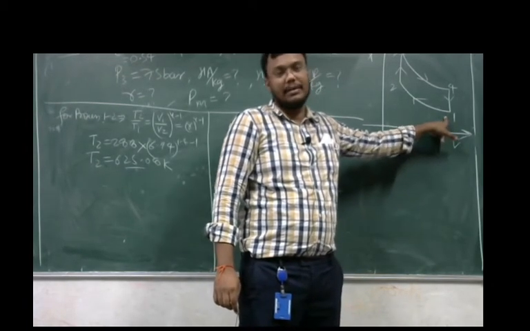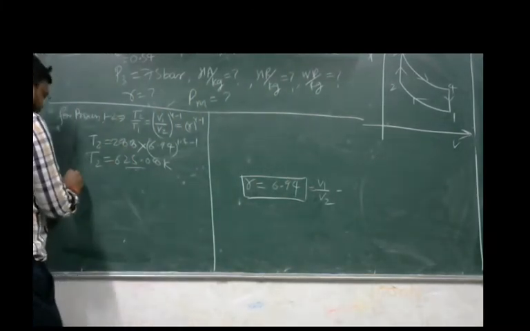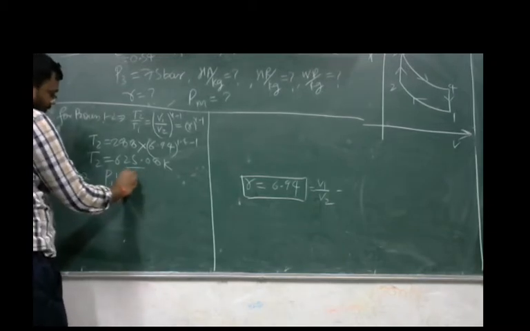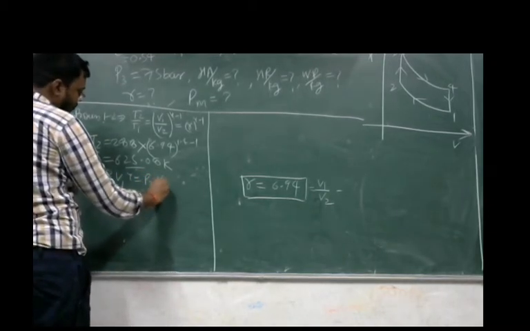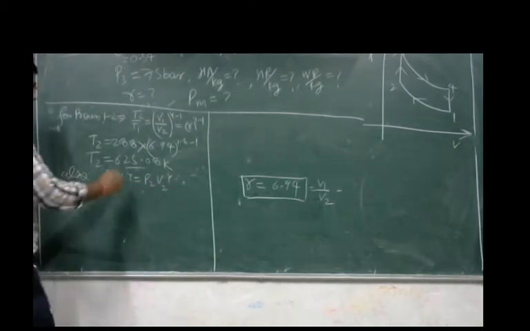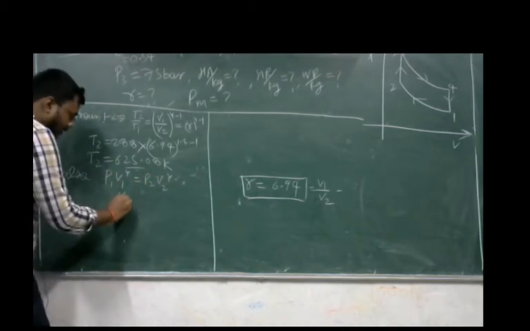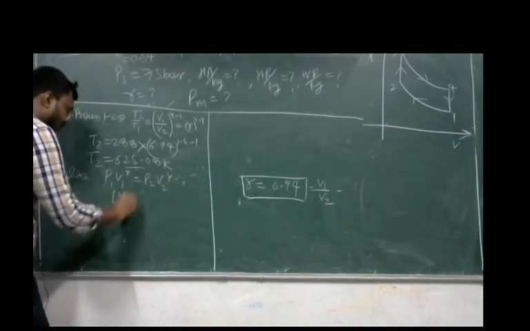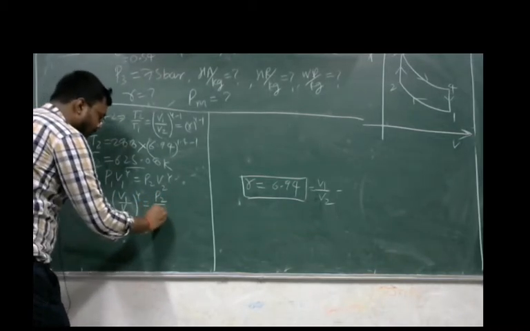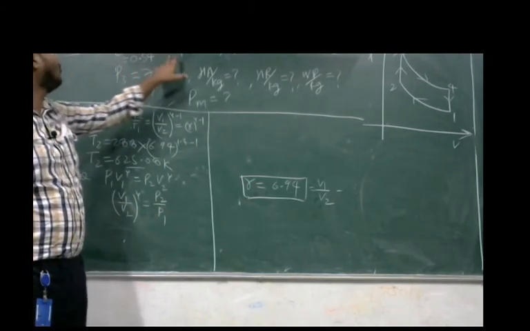Putting V2 below V1, we get (V1 by V2) to the power gamma equals P2 by P1. In the question P1 is given as 1 bar.